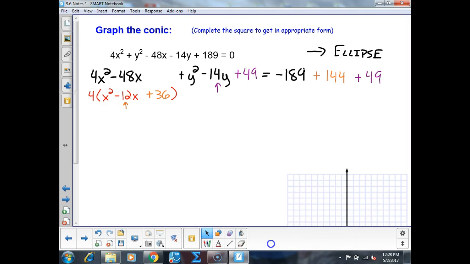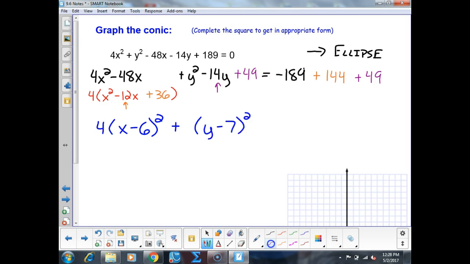So now I've got 4 times the quantity x minus 6 squared plus y minus 7 squared equals 4.